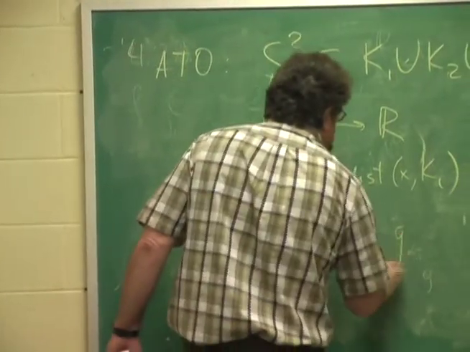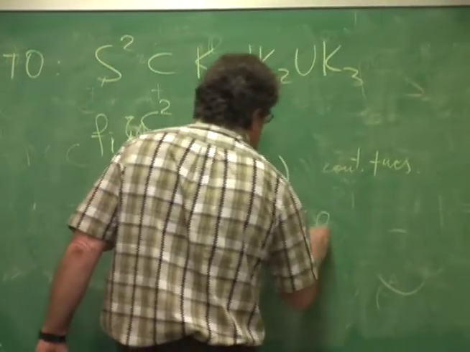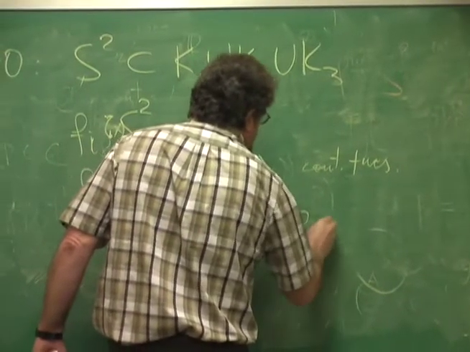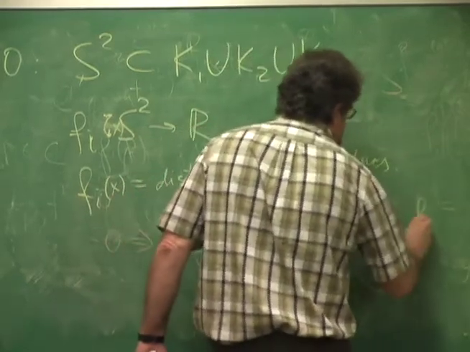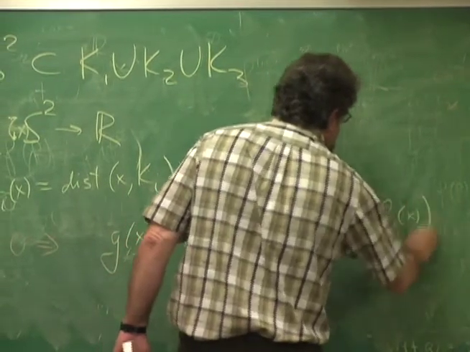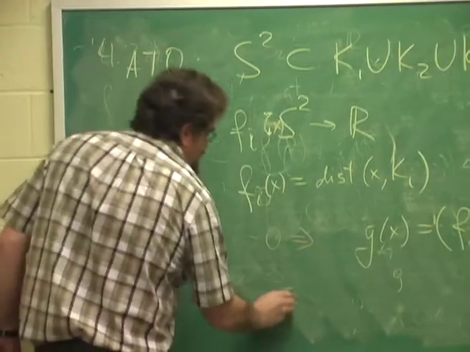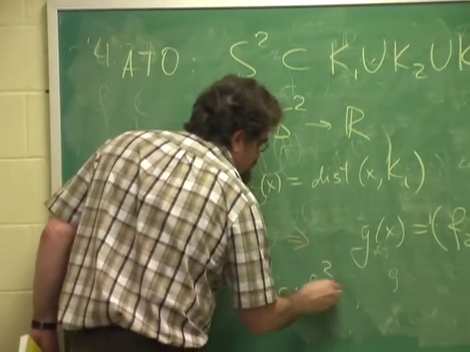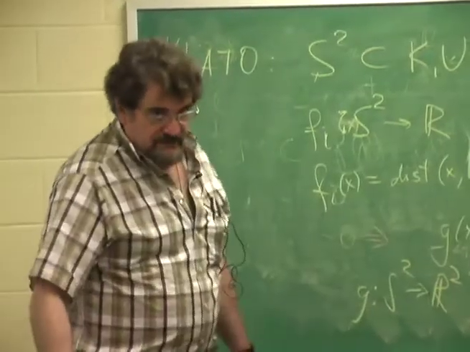Now consider such g of x. It is f2 of x minus f1 of x, f3 of x minus f1 of x. It is a mapping from a sphere to R2, continuous.